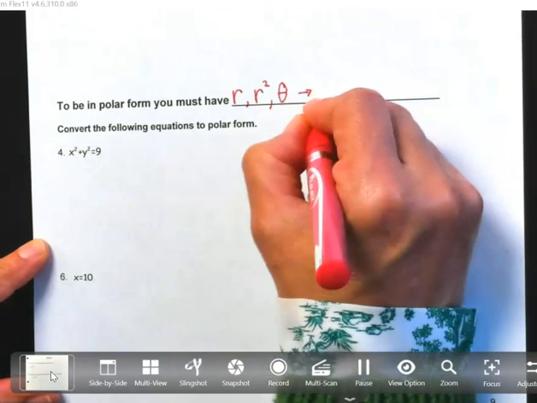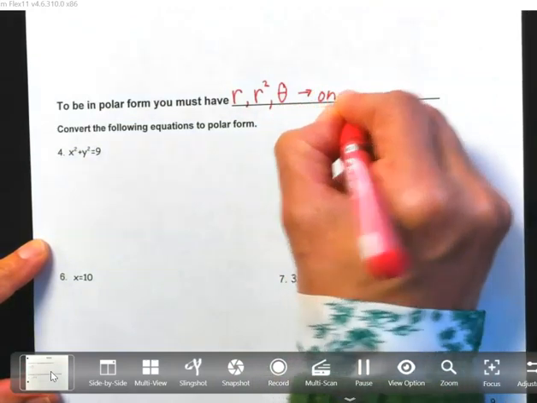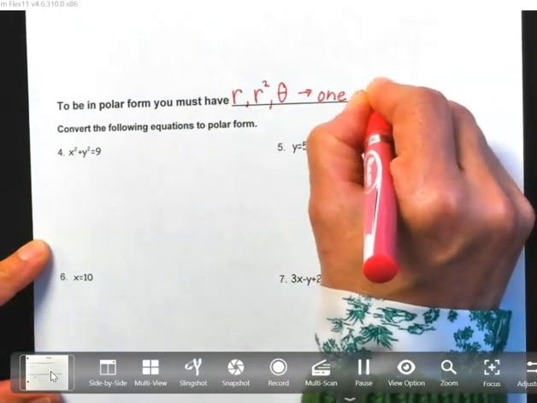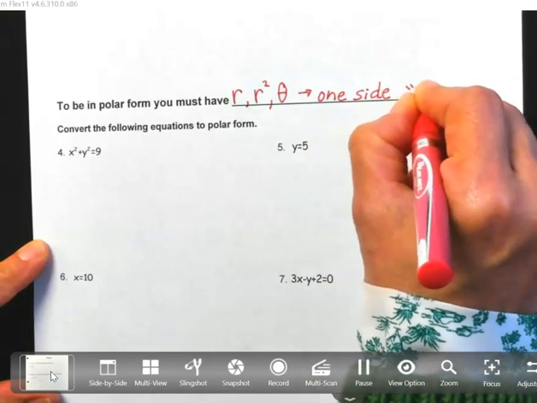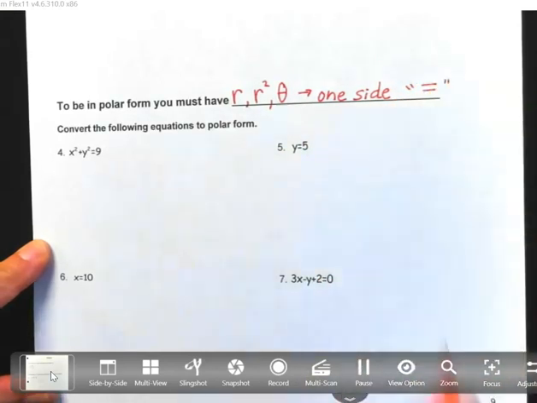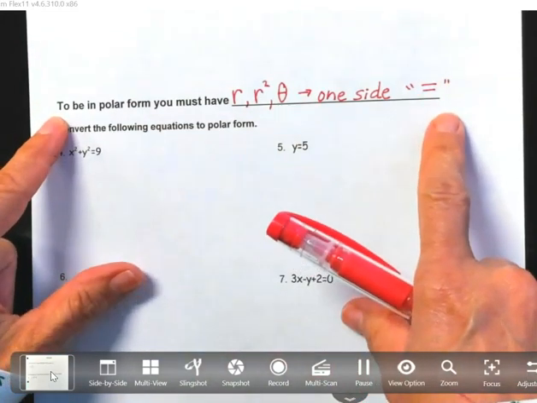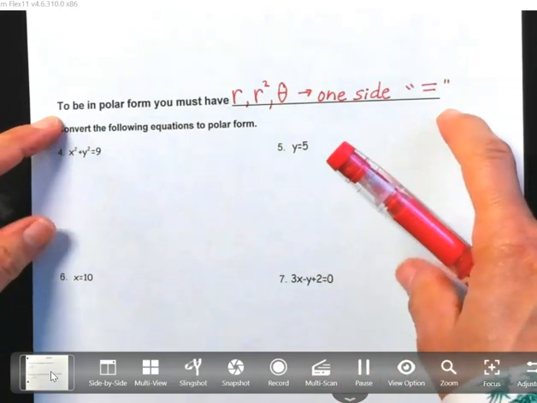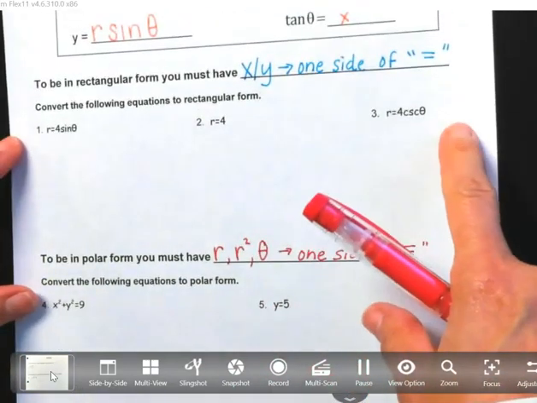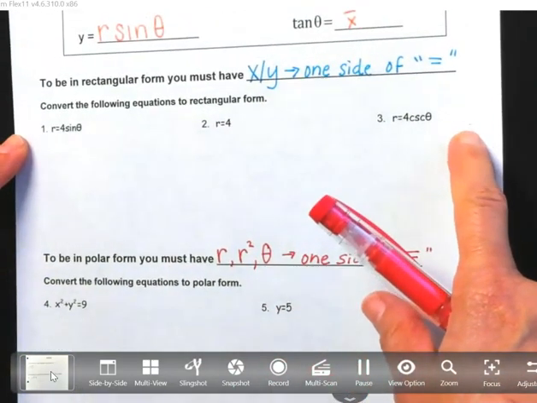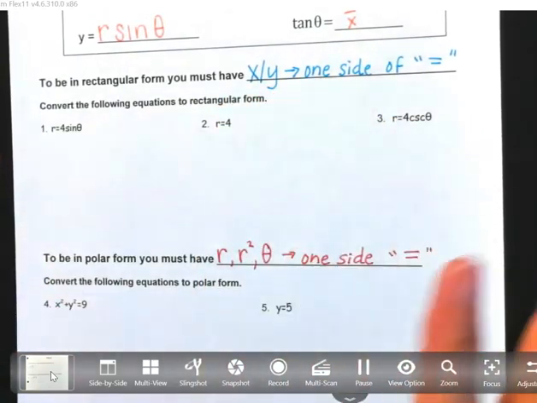But all of this stuff still has to be on one side. So there's more than one plan of attack here at the bottom. The top is pretty much just x and y. There's only one way you can do it.